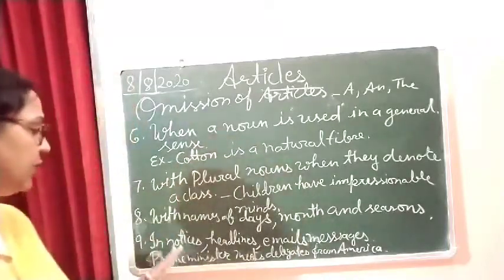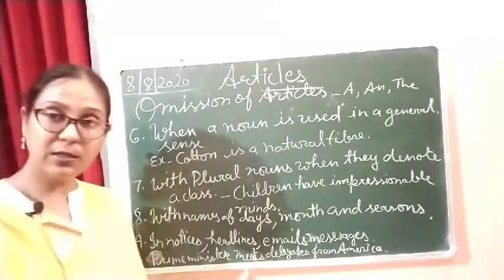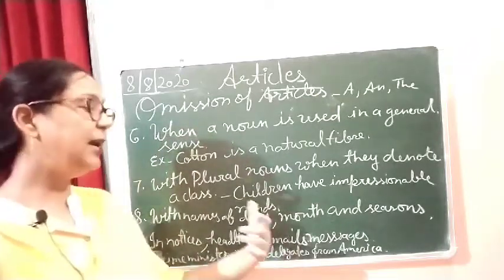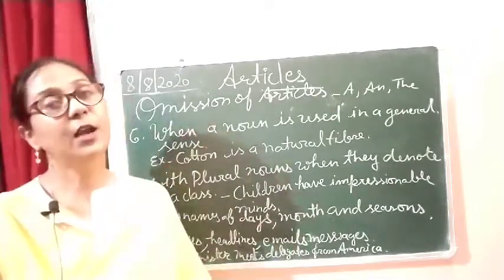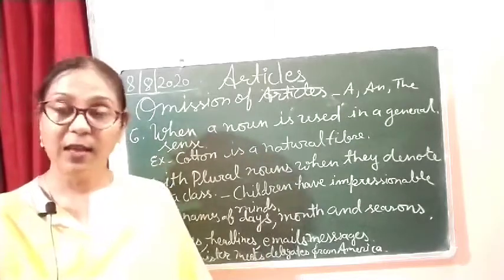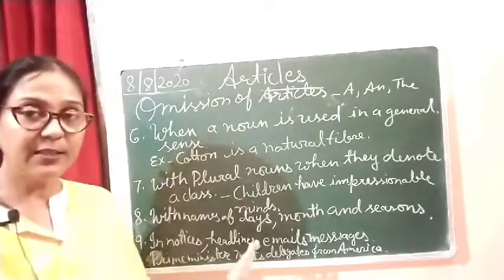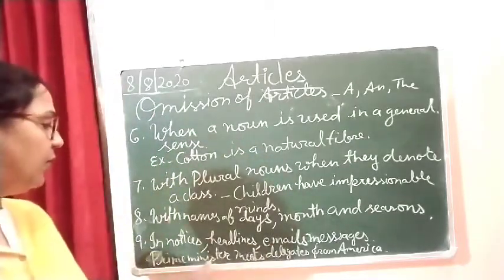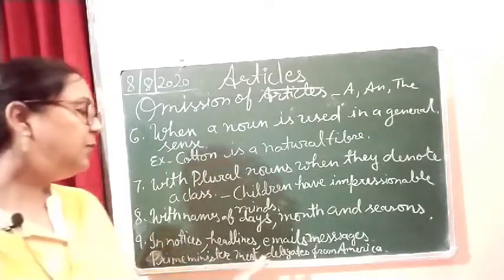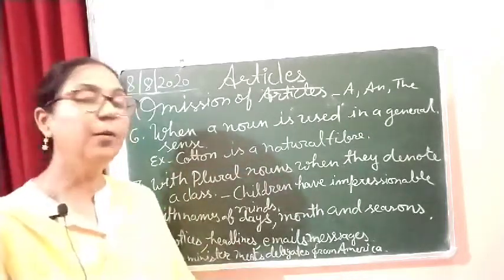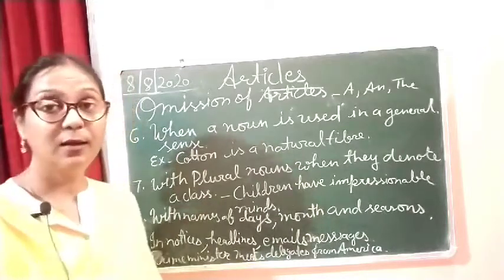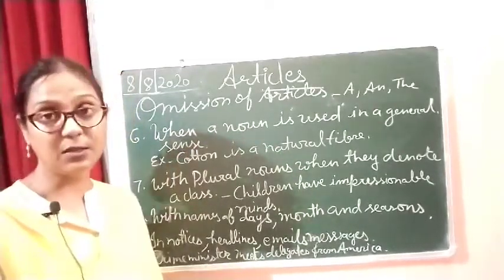Now we are moving to the 9th point. In notices, headlines, news headlines, email messages, we are not supposed to use any article. For example, I have given over here, Prime Minister meets delegates from America. So here we have not written the Prime Minister.